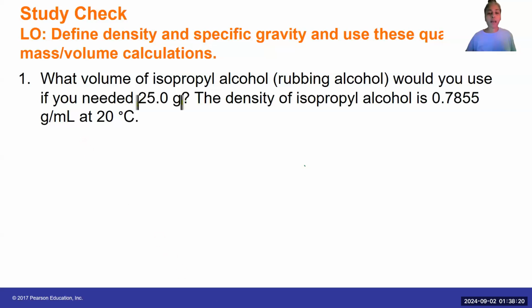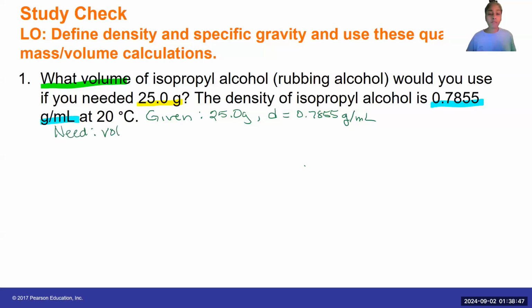So what do we have? What were we given? We were given that we have 25 grams, and what we need is the volume. We were also given the density. So our given values are 25.0 grams and our density, which is 0.7855 grams per milliliter. And what we need is the volume.